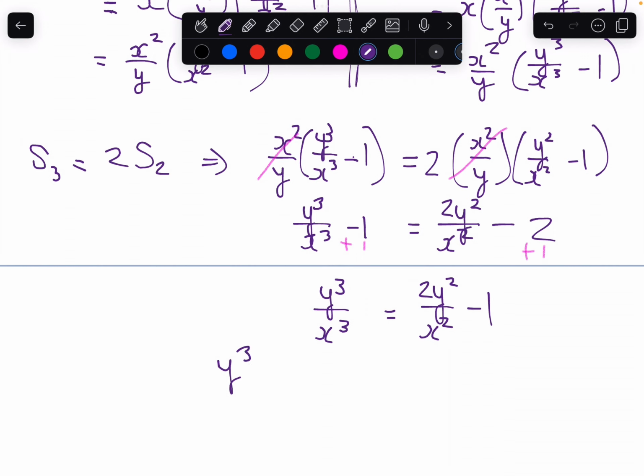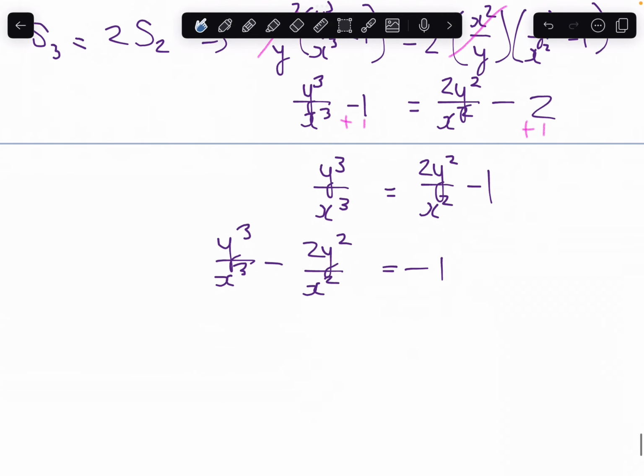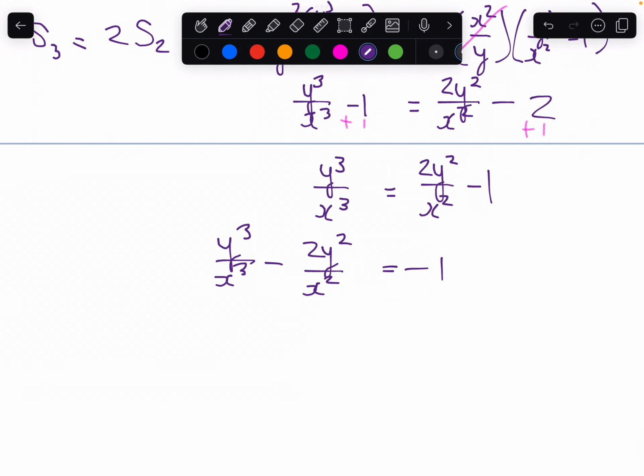So we have y cubed over x cubed minus 2y squared over x squared is equal to negative 1. So if I put these over the same denominator, we need to times the bottom by x, so that means we need to times the top by x. Ooh, this is just getting hairier and hairier. It's not giving a solution, honestly.